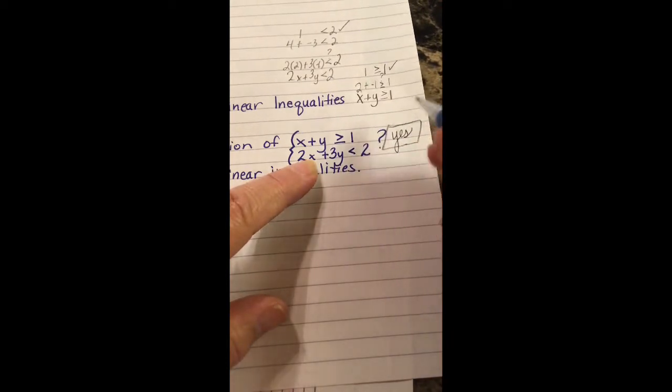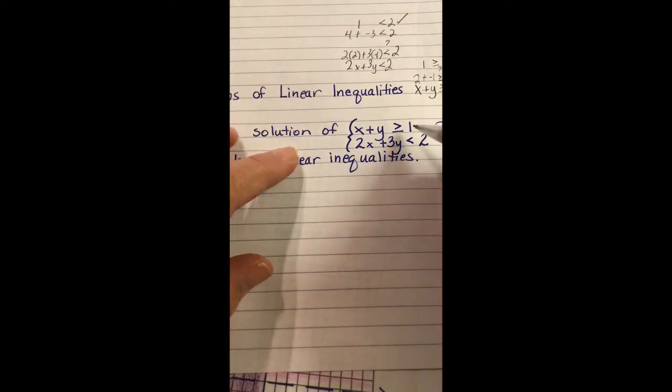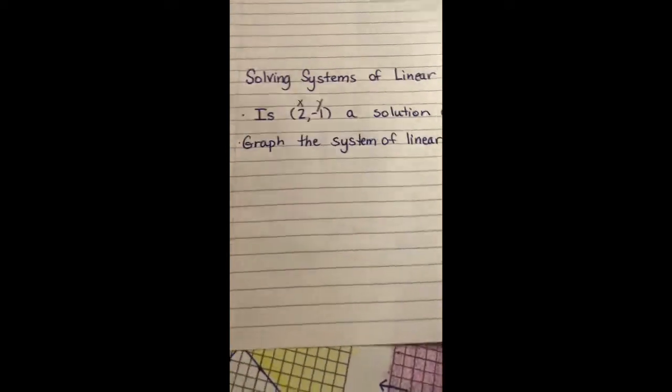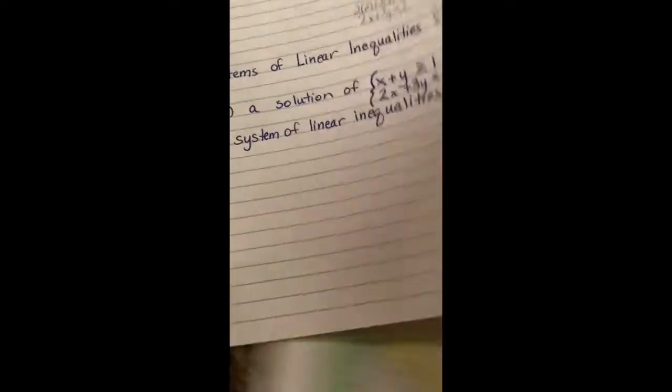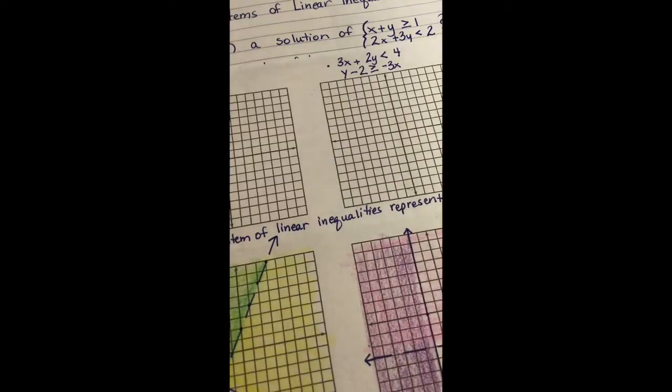One important thing to remember, when you have a system of linear inequalities, you have an infinite amount of answers that actually work. Now, we're going to solve, that's what this next thing says: graph the system of linear inequalities. It'll say solve the system of linear inequalities. So that's what we're going to do next.